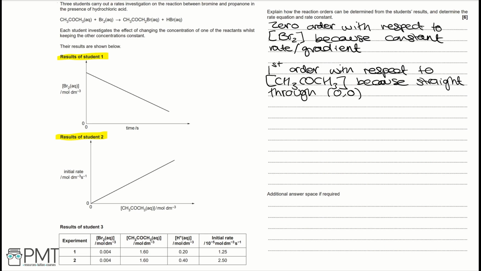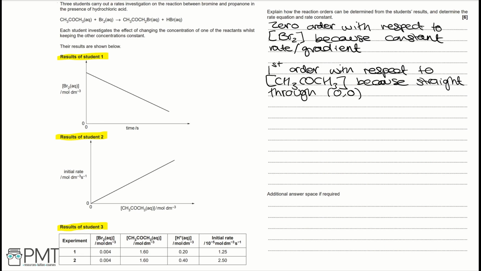Finally, we need to look at student 3, and this will tell us the order of reaction with respect to H+. To determine this, we need to look at where the concentrations of bromine and propanone remain the same, but H+ increases.